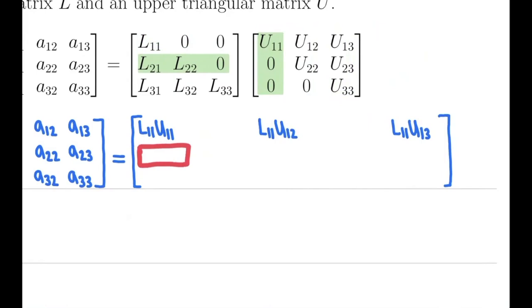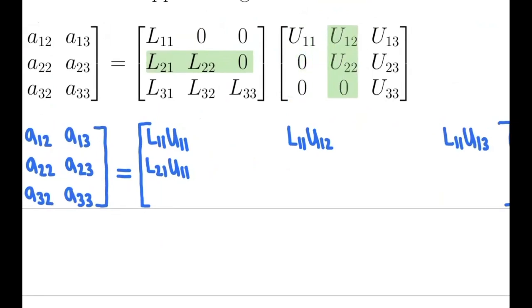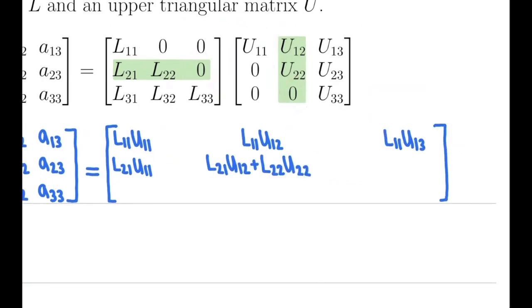L21 U11, and the rest are zeros. Now let's move on to the second column of U. It would be L21 U12 plus L22 U22. Now let's take a look at the third column. It's going to be L21 U13 plus L22 U23.